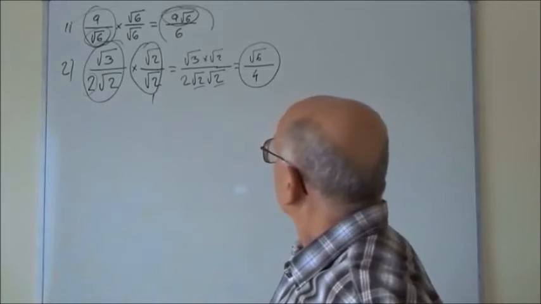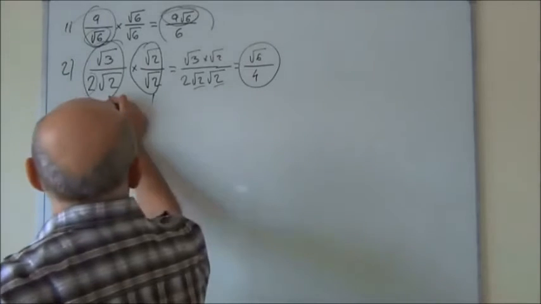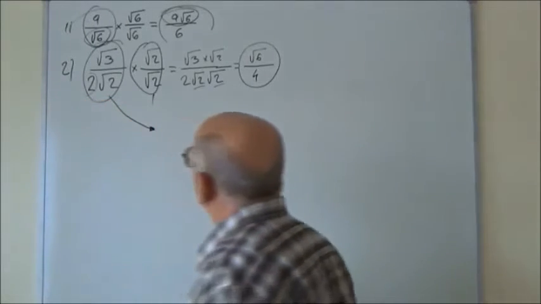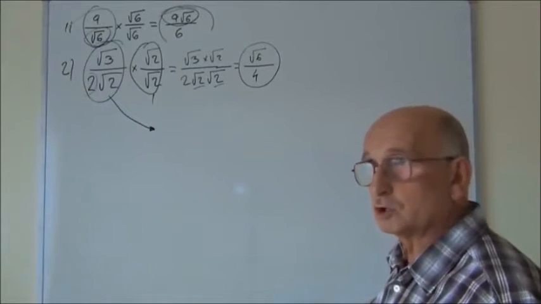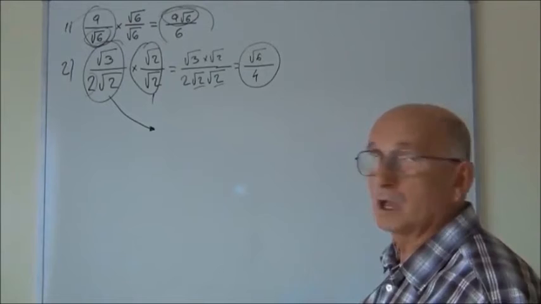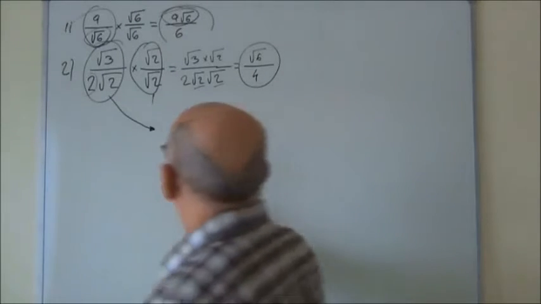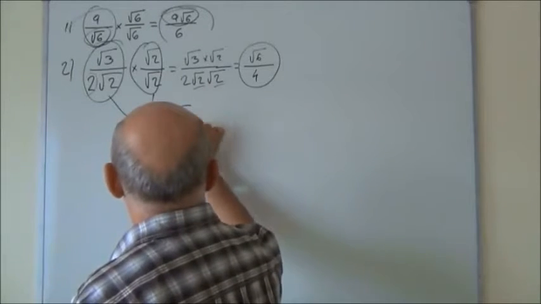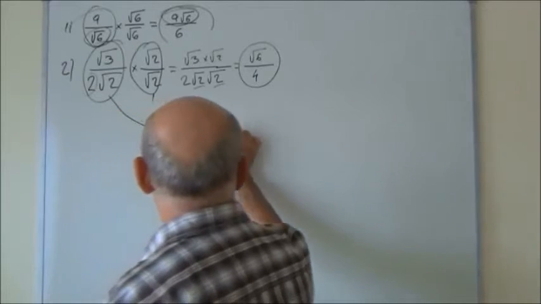surd in our denominator. For this question you can do something different, but it's not necessary, and actually it's not a good way to rationalize. Sometimes people do it like that.